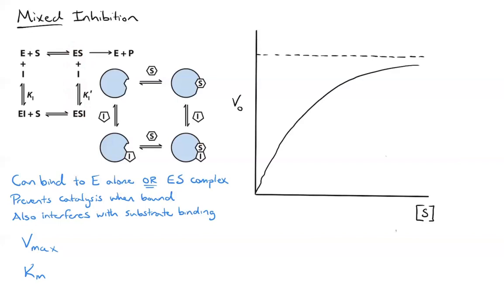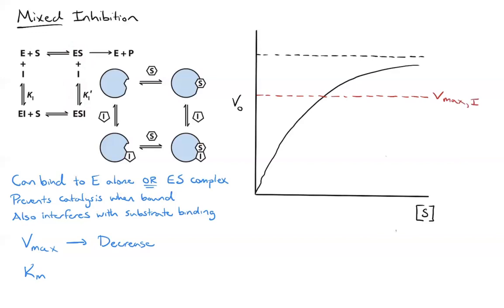So just like with uncompetitive inhibition, we're going to see a decrease in Vmax here, which is going to correspond to a lowered ceiling for our curve when we consider it on the Michaelis-Menten plot.